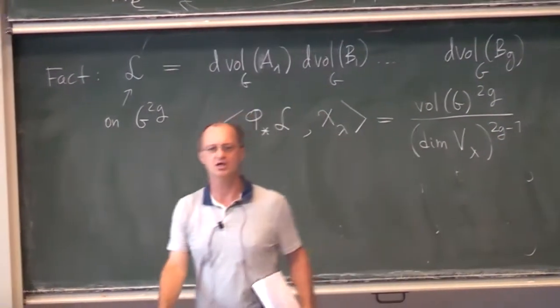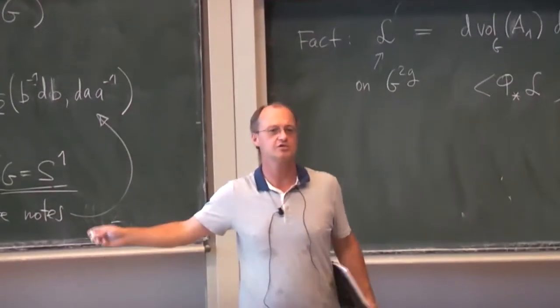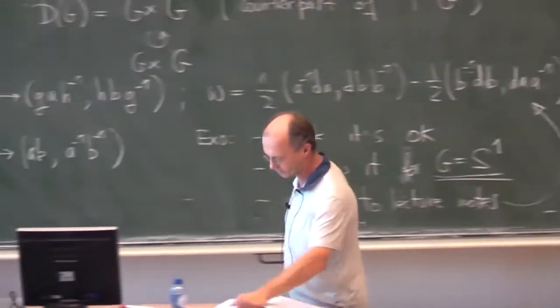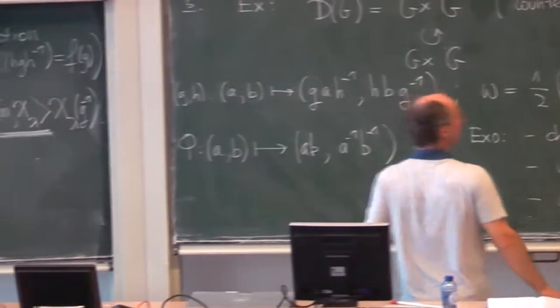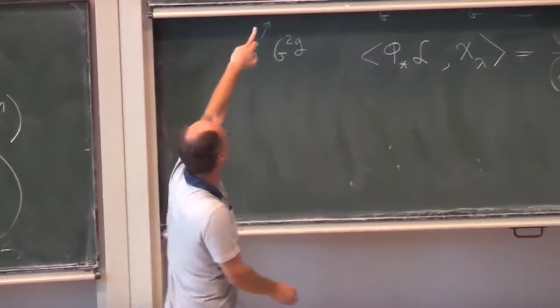So that's a beautiful calculation. If you never seen it, I encourage you to do it unless you were at the exercise session and you saw how it actually works.